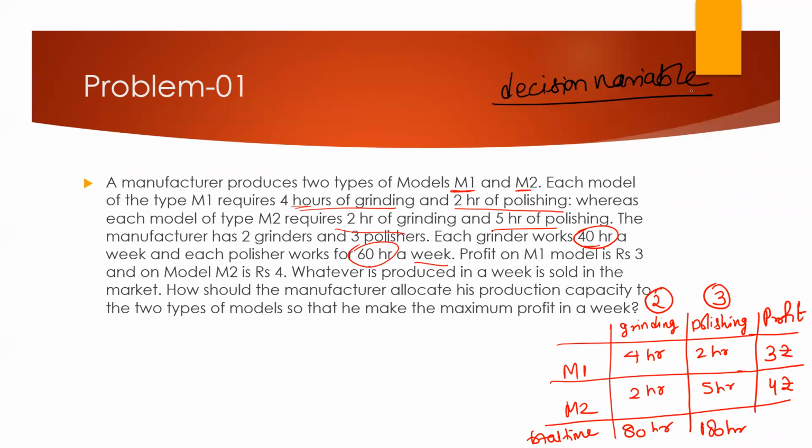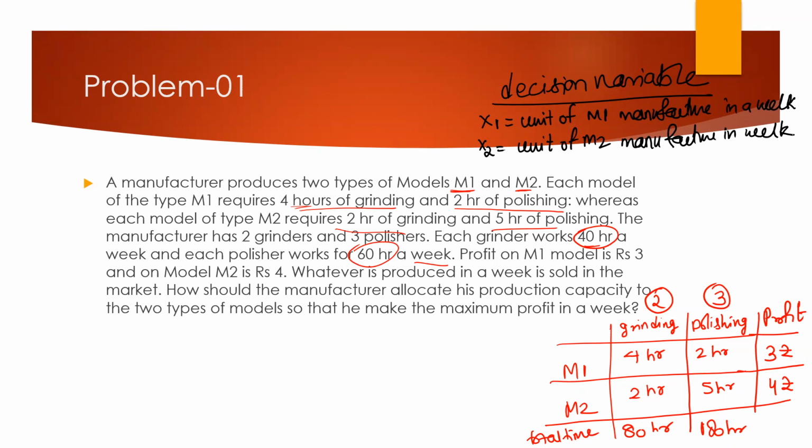So what are my decision variables? Let x1 be the units of model M1 which I manufacture in a week. x2 is the units of M2 which I will manufacture in a week. So I am manufacturing x1 units of M1 and x2 units of M2. They are my decision variables.